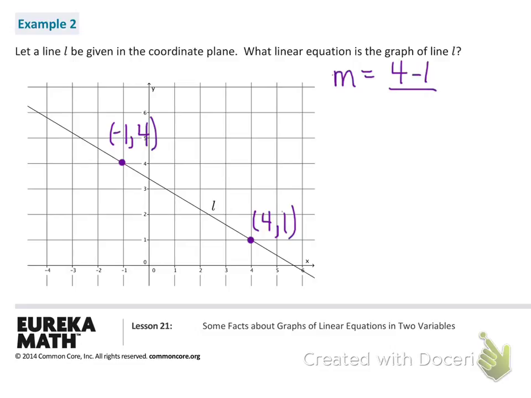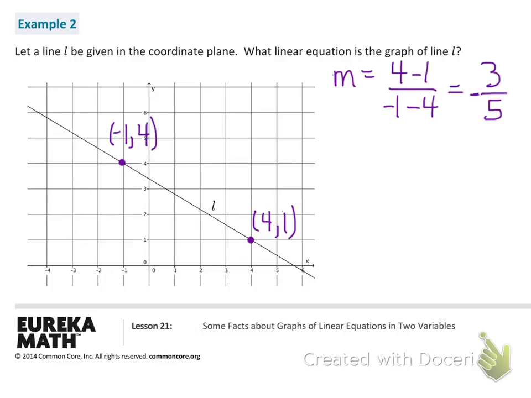So 4 minus 1 divided by -1 minus 4. 4 minus 1 is 3. -1 minus 4 is -5. So -3/5 is our slope.